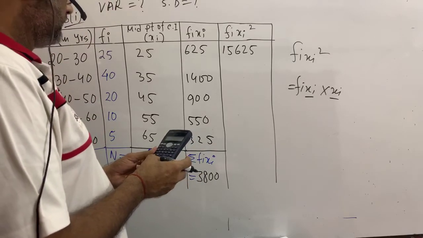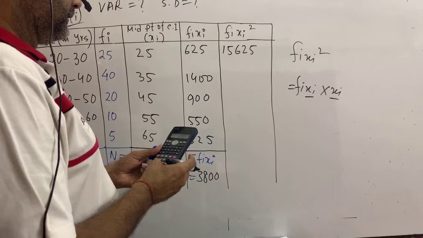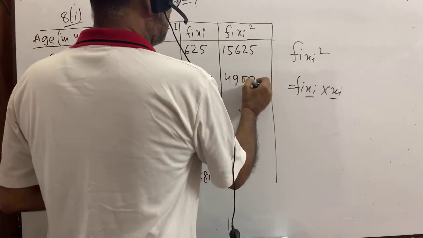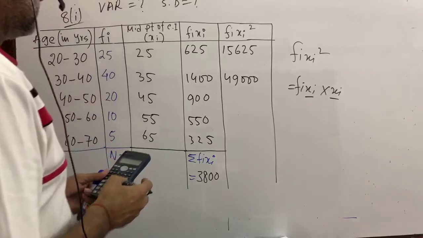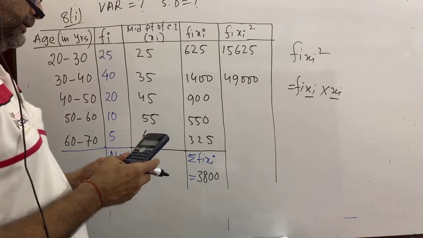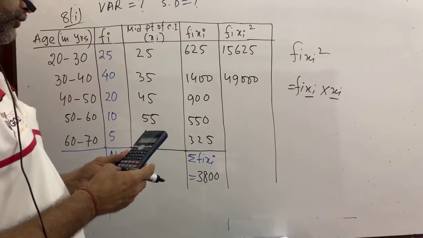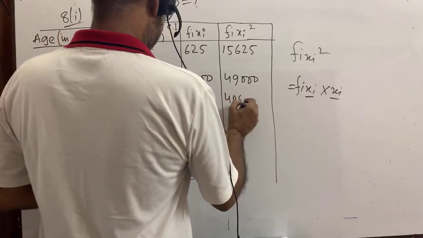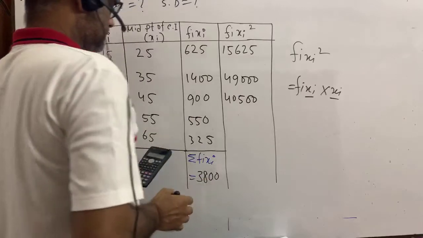1400 into 35 is equal to 49,000. Then 900 into 45 is 40500.